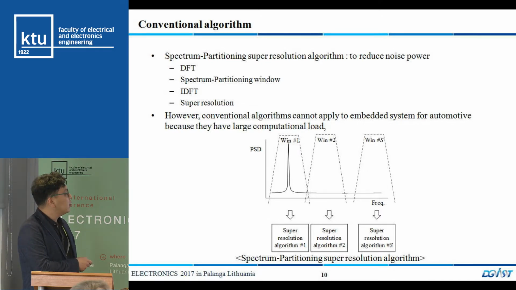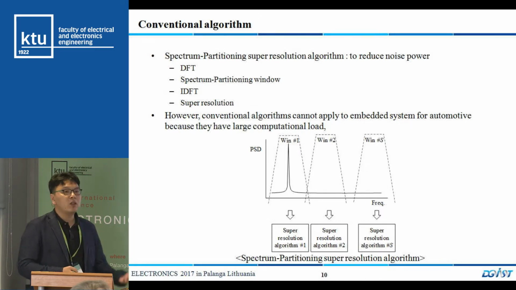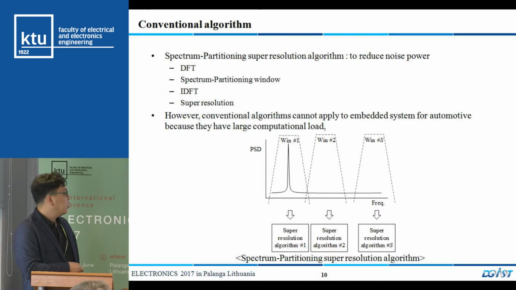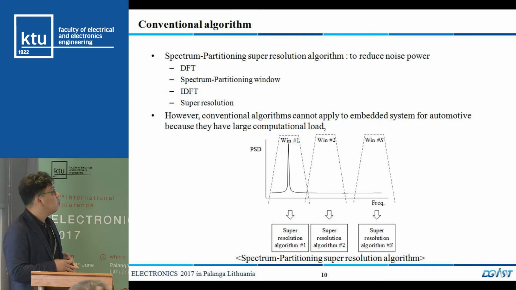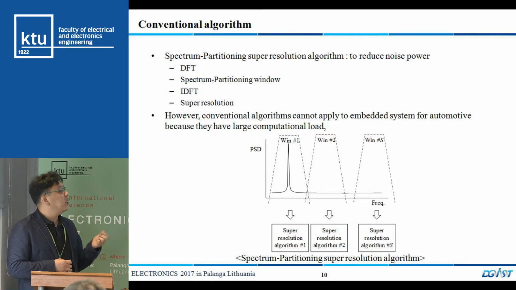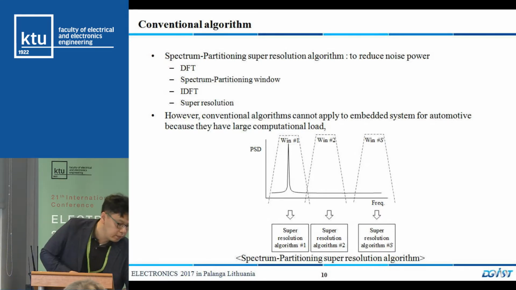Finally, we obtain the inverse DFT. We can obtain the low noise received signal, and to obtain the fine frequency, we use the super resolution algorithm. However, the conventional algorithm has a high computation load, so we cannot apply it to the embedded system for automotive radar.